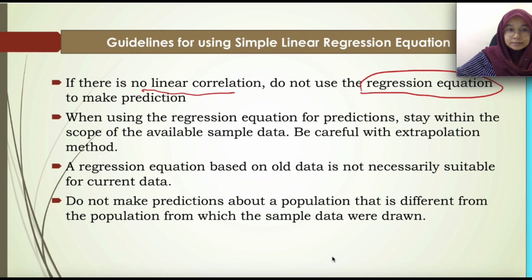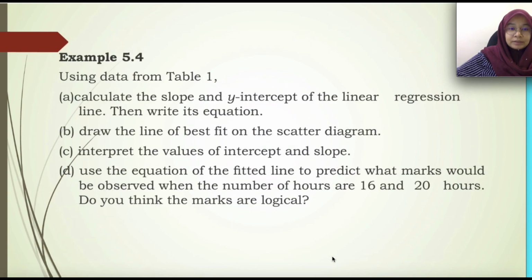Okay. Next. Example 5.4. Using data from table 1, calculate the slope and y-intercept of the linear regression line, then write its equation. This one is about the data of marks, final exam marks and hours.